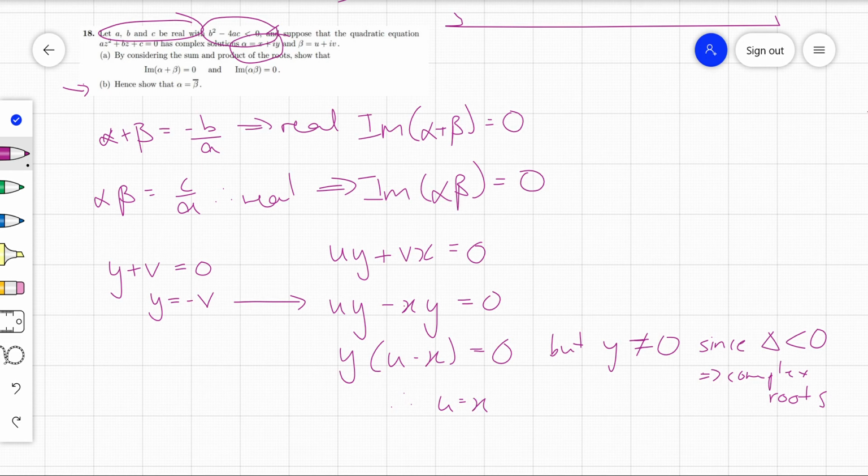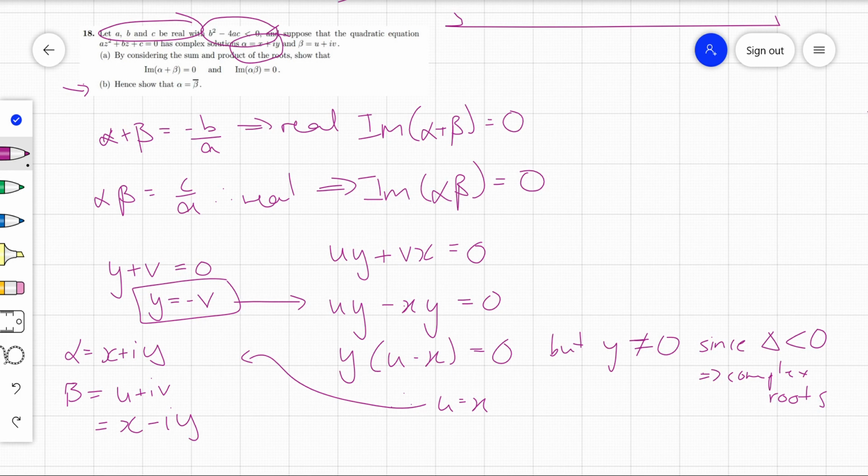So therefore we've got u minus x equals 0, so u equals x. If we use that back into alpha and beta, let's keep alpha as x plus iy, and beta is u plus iv, but we know that u is equal to x, so we'll put x, and we know that v is equal to negative y, so negative iy.